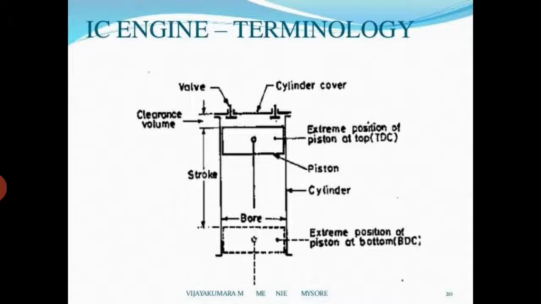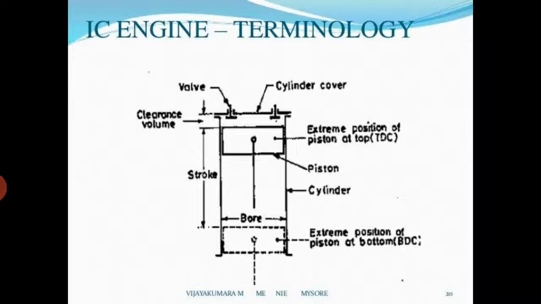When the piston is at the topmost position, the space contained in this portion is called clearance volume. Here the extreme position of the piston at the top is called top dead center, and here you can see bottom dead center, and here is the stroke, the distance traveled by the piston.